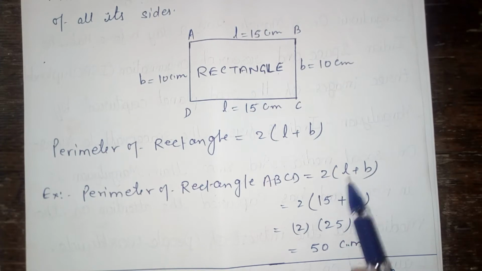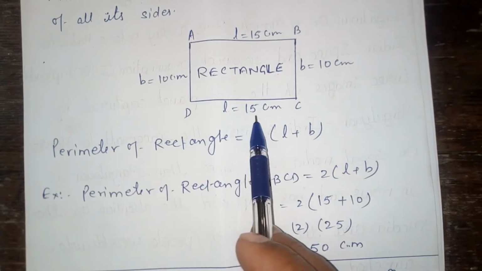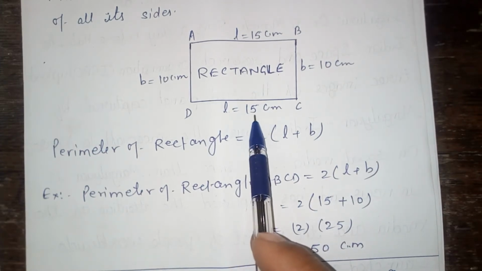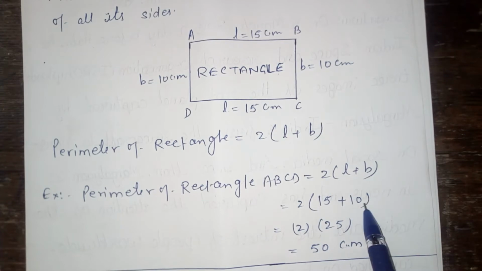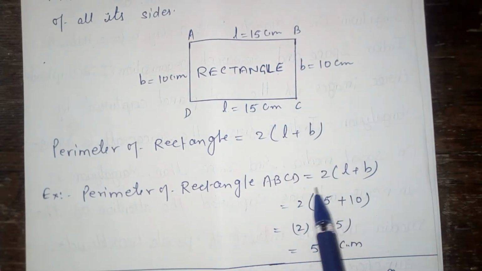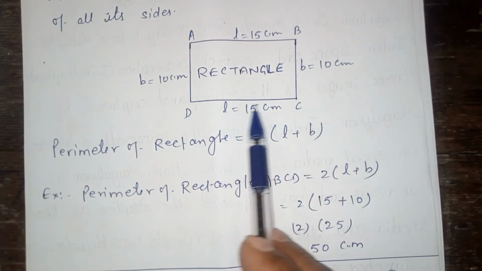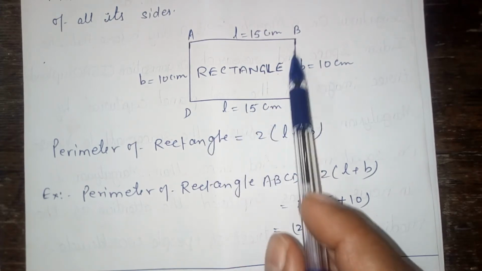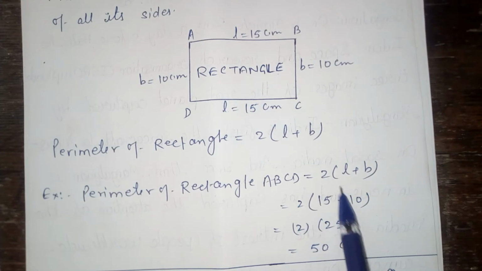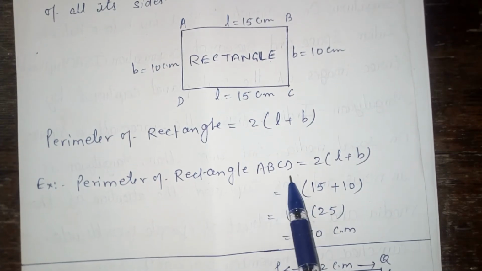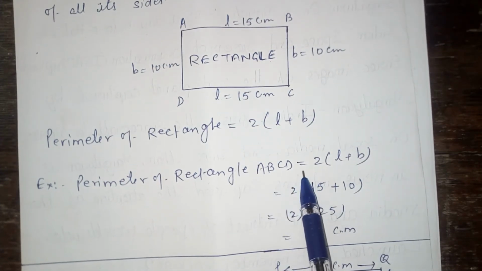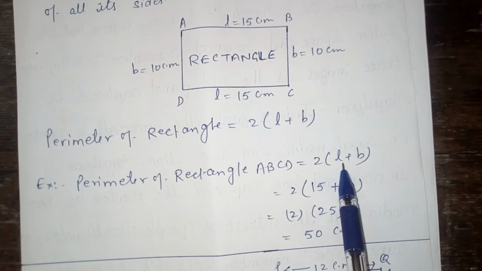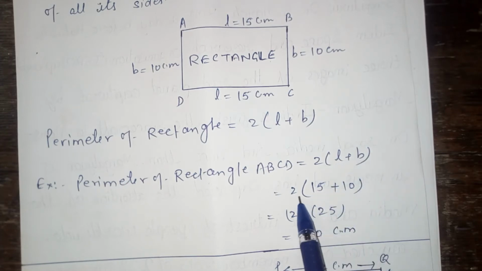In this figure, length is 15 and breadth is 10. So perimeter of rectangle ABCD is equal to 2 into (L plus B).